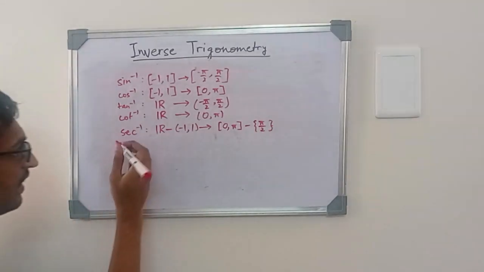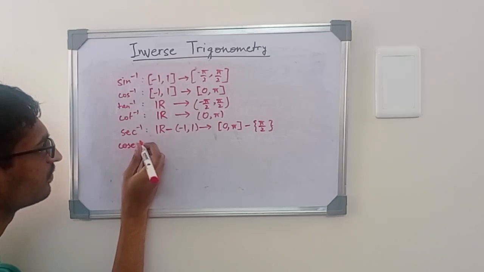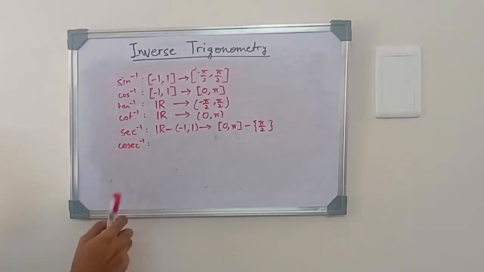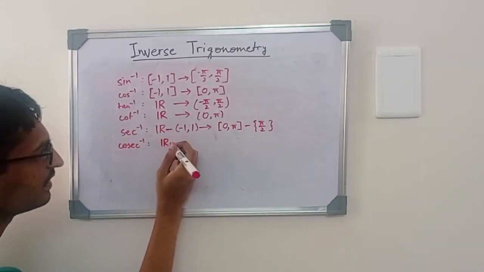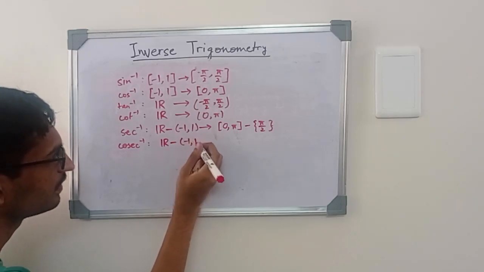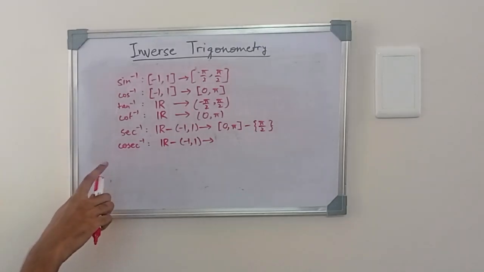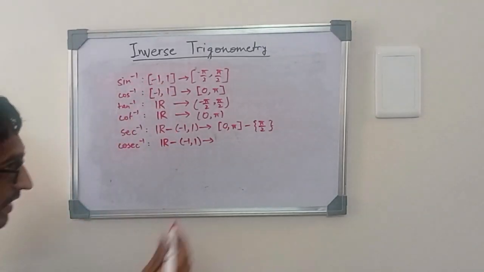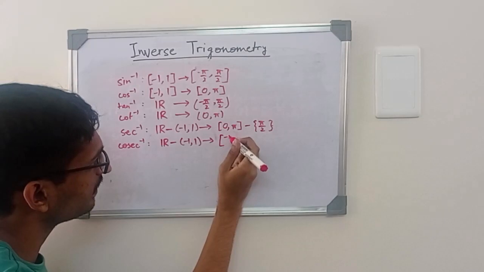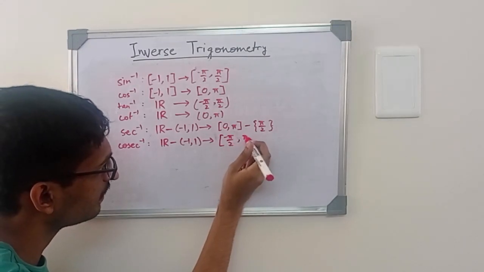Then the last one is cosecant inverse. Here the domain will be the same as secant inverse, and also the range of this function, since cosecant is 1 over sine, will be the same as the case for sine inverse.